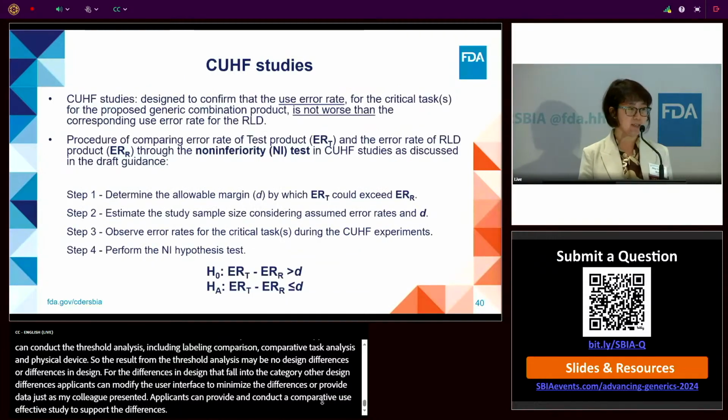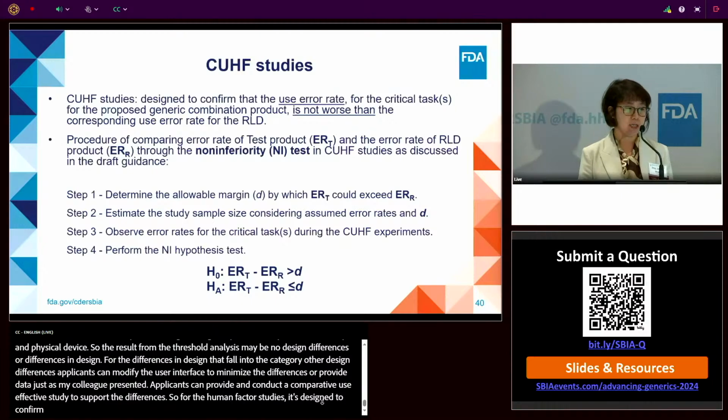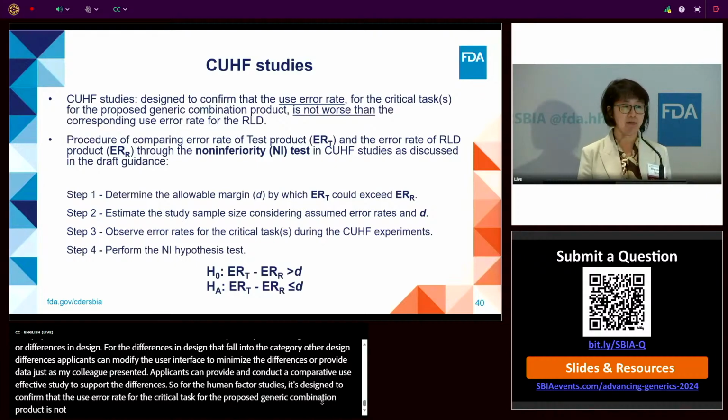The human factor studies are designed to confirm that the use error rate for the critical task for the proposed generic combination product is not worse than the corresponding use error rate for the RLD.